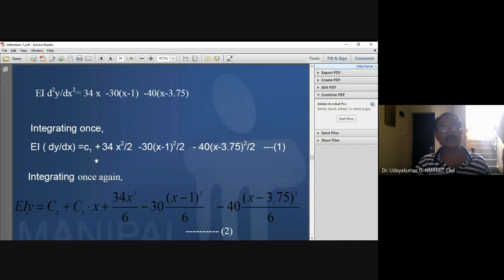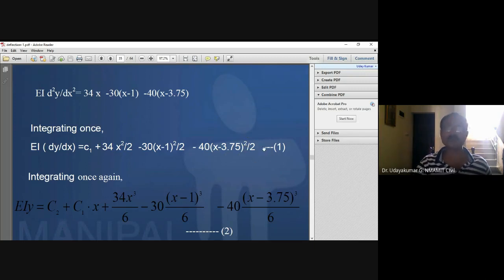So EI dy by dx equals C1, written in the beginning, plus 34 x squared by 2 minus 30 into x minus 1 whole squared by 2. Okay, x minus 1 is integrated as x minus 1 whole squared by 2, and x minus 3.75 is integrated as x minus 3.75 whole squared by 2.